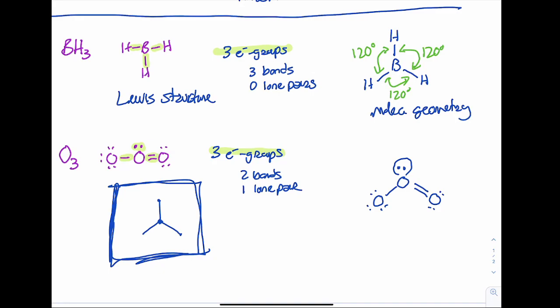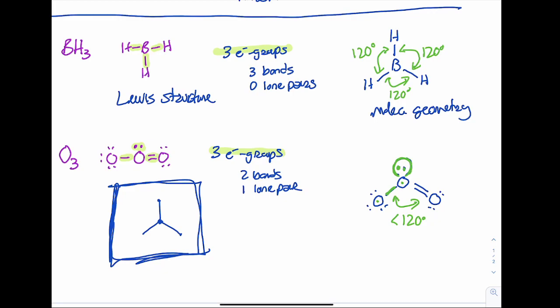And my bond angle is actually going to be a little bit less than 120 degrees. What happens is because these 2 electrons, my lone pair, are not being pulled to 2 different nuclei. The bonding electrons are being pulled to this nucleus and this nucleus, but my lone pairs are just sitting there. So they actually take up a little bit more space.